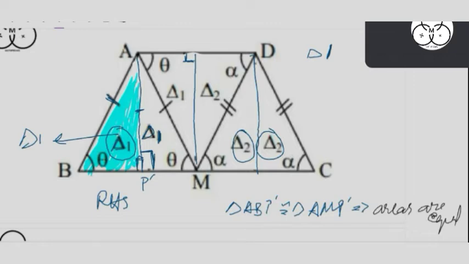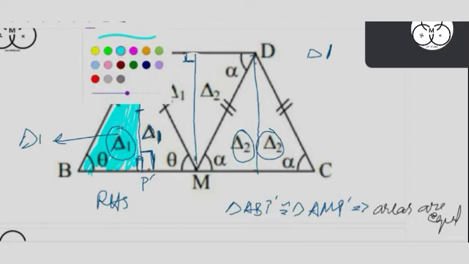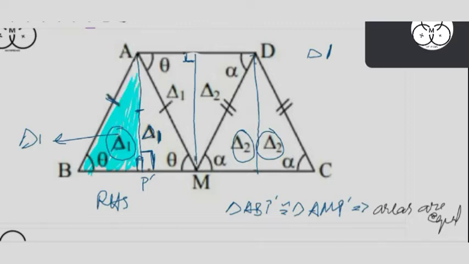This is a rectangle, that's why area of this part is equal to area of this part, because this is a rectangle. Similar for this side also.